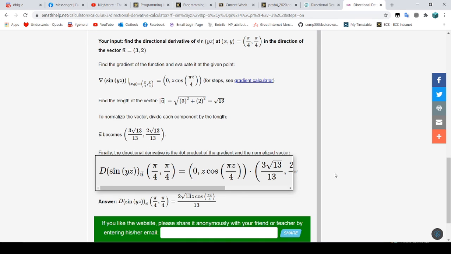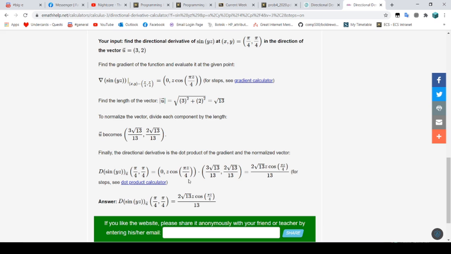It's this again. See, that's just this, right? What's Z?